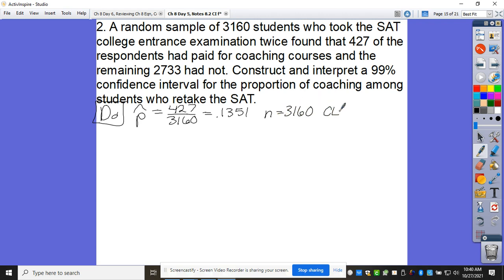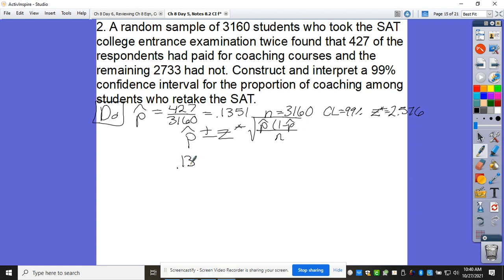This is a confidence level of 99%, which gives me a z-star of what? And some people are going to say 2.575, and that's fine too. So p hat plus or minus z-star, square root of p hat, 1 minus p hat, all over n.